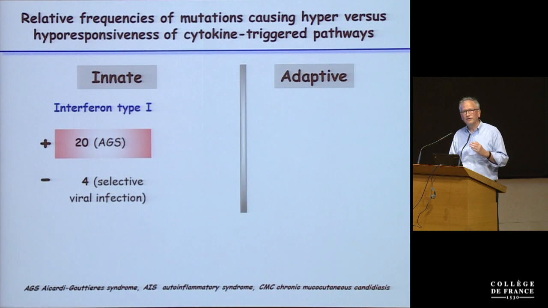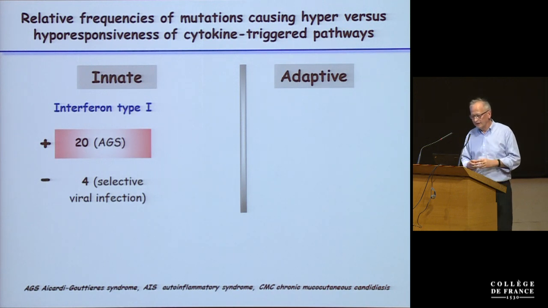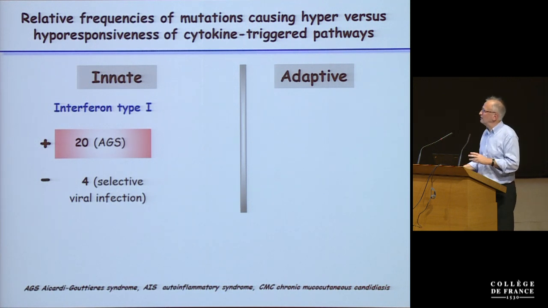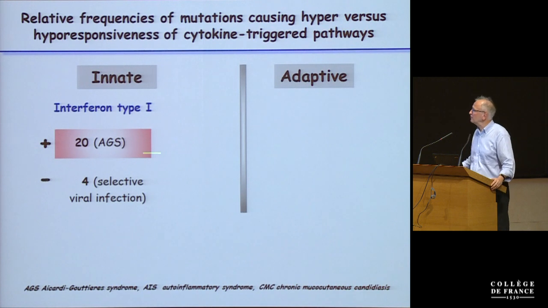Now, if one looks at immunopathology and no longer at infections, the picture is quite different. I will not go into too many details, but I will discuss with you three kinds of cytokine-triggered pathways. The first one is type 1 interferon, and back to genetic lesions, genetic diseases in humans.